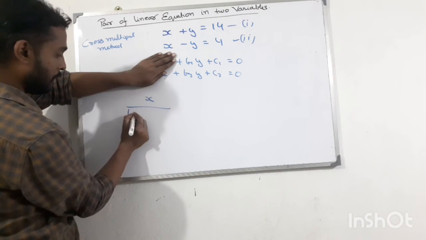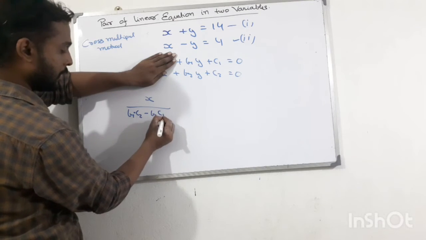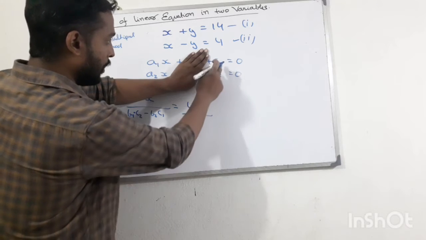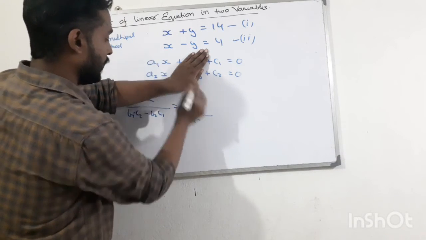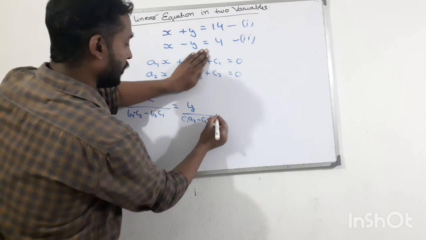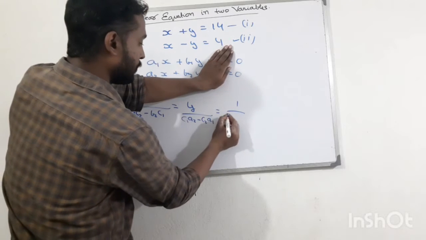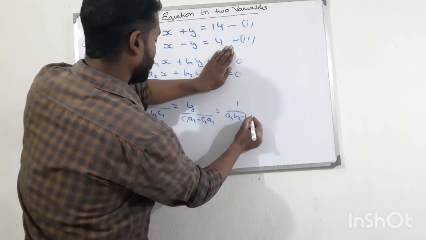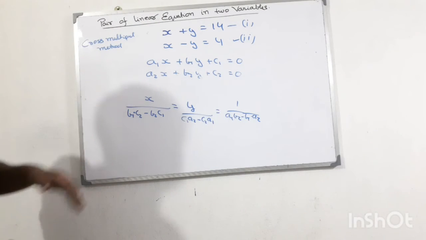Now for y, we start from here: c1 into a2 minus c2 into a1, and here we hide this value. So a1 into b2 minus b1 into a2. This is the formula of the cross multiply method.